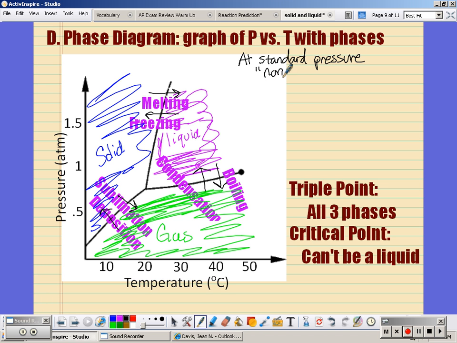So at normal pressure, at normal conditions, what is the freezing point?